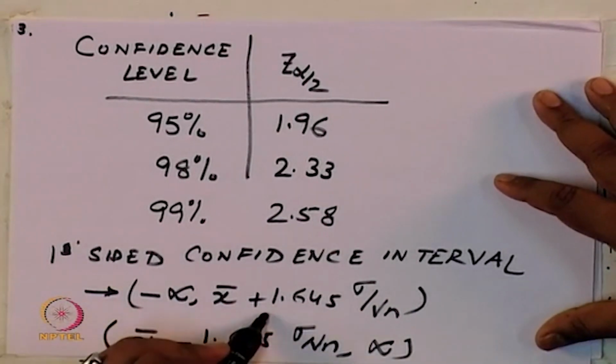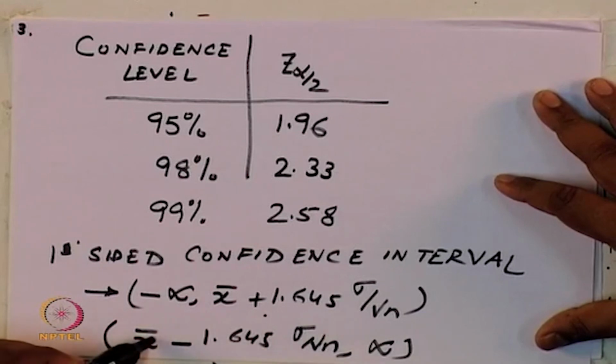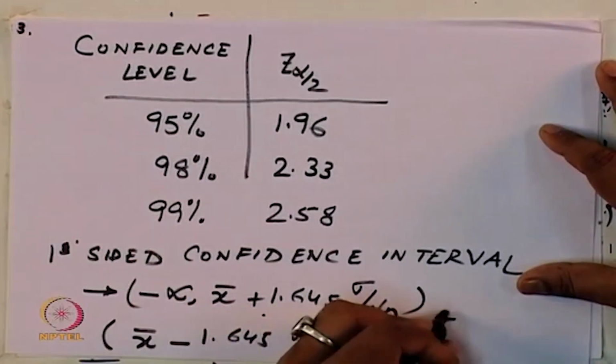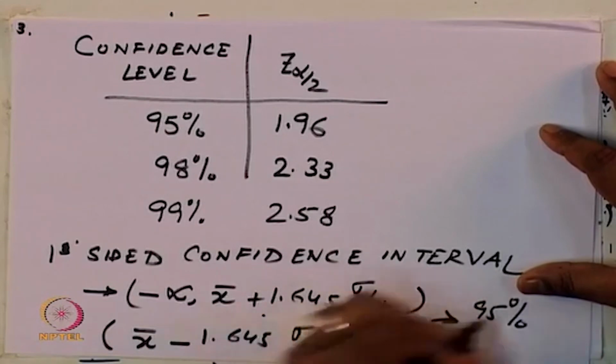So, this gives you the maximum value and this gives the lower value. This is for 95% confidence.